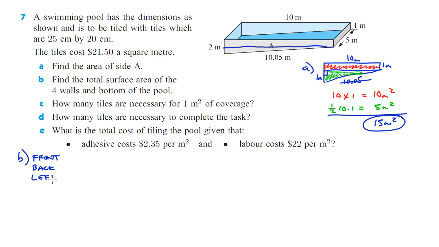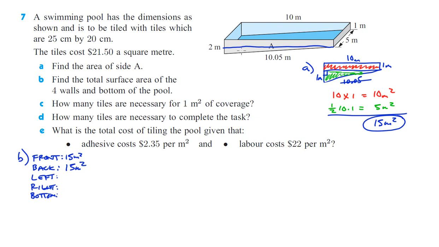We'll do the left wall, the right wall, and the bottom. Okay, so we'll just fill in each of these as we figure them out. So the front we already figured out is 15 meters squared. The back is going to be the same. That's also 15 meters squared.